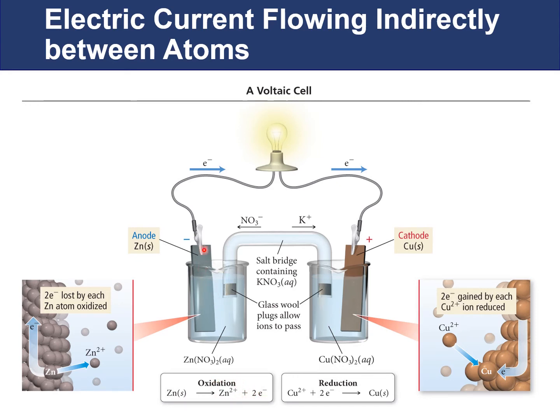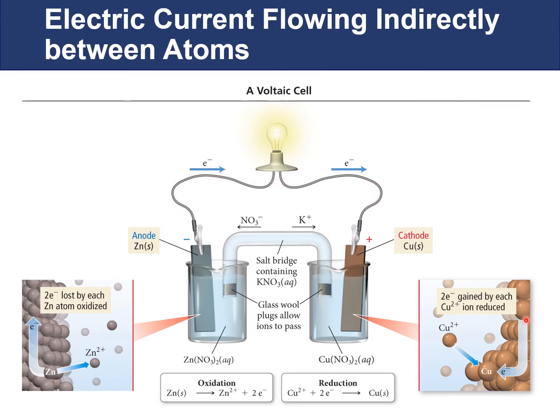The electrons will flow through the wire from the anode down into the cathode. So what's happening is that the zinc in the anode is coming off, going into solution, and as it does so, the electrons are moving up the electrode and into the wire, through the wire, and down into the cathode.